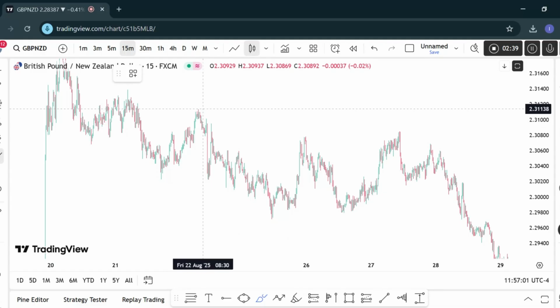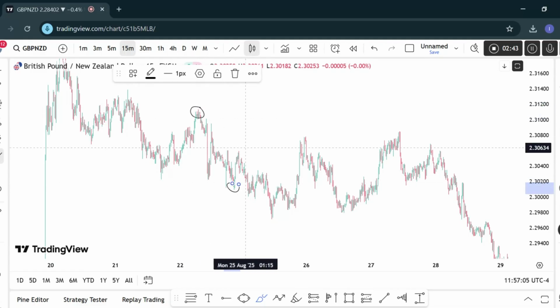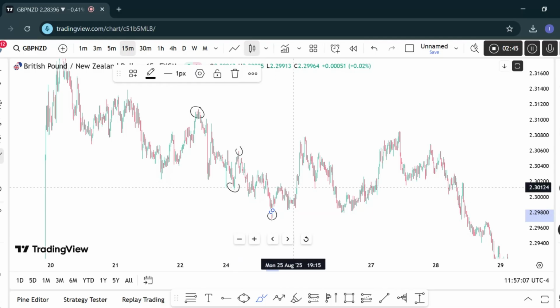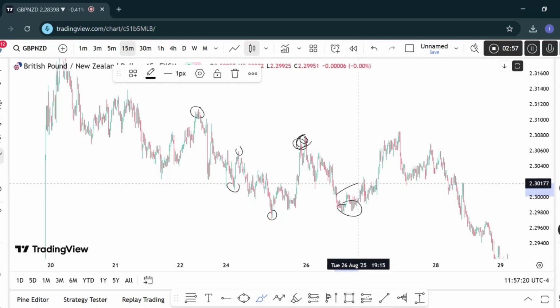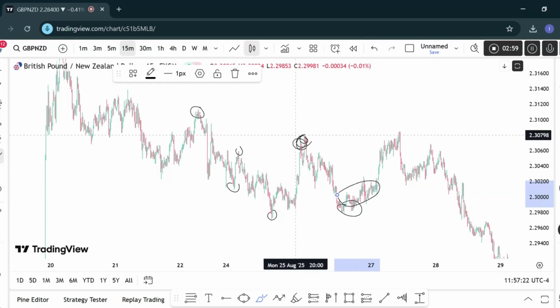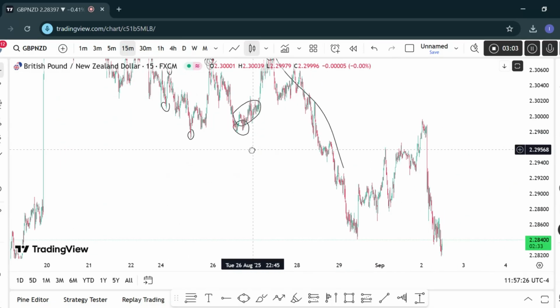Look, the market creates a high, creates a low, creates a high, creates a low, creates a high, and then that high failed to create a new low. Look, it comes near it, but it didn't touch it, because a lot of people now start selling. Look what happened: smart money accumulates, they run to that inducement, and then they keep moving the market lower.